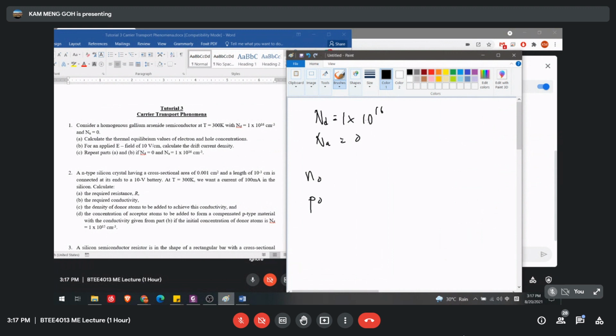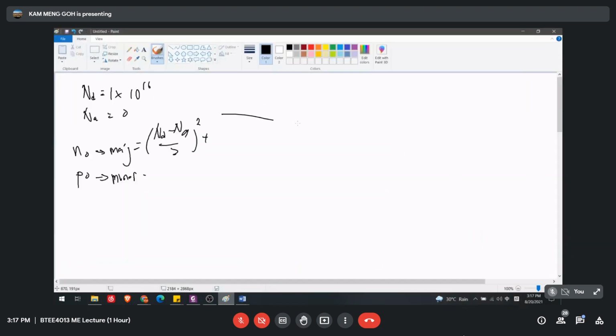In this case, we know that ND is more than NA, so N0 is the major and this one is the minor. To calculate this, we use (ND minus NA) divided by 2, plus the square root of ((ND minus NA) divided by 2) squared plus Ni squared. For P0, you use Ni squared divided by N0 equals P0.